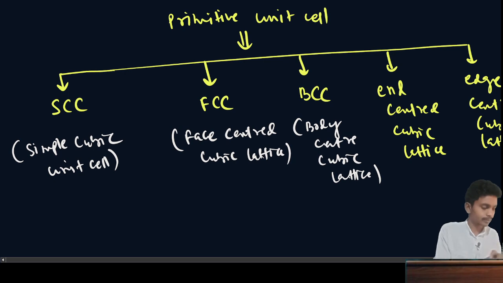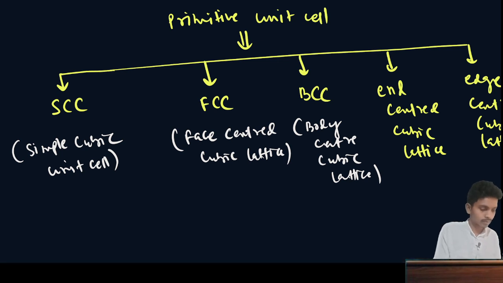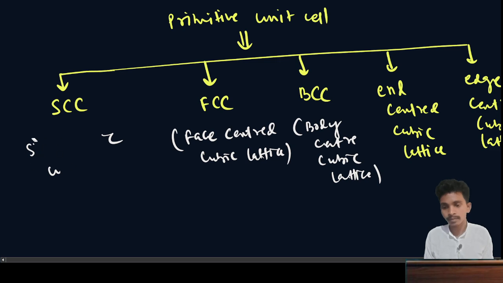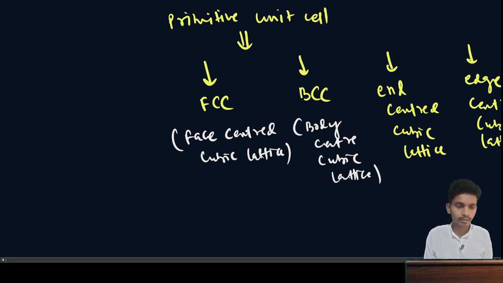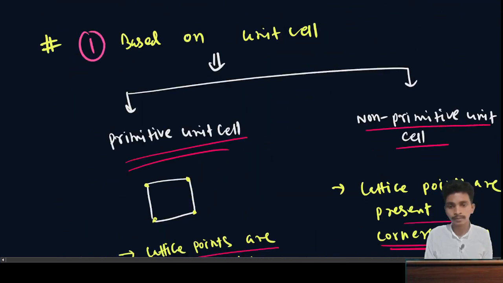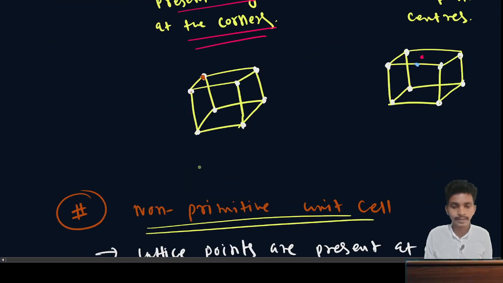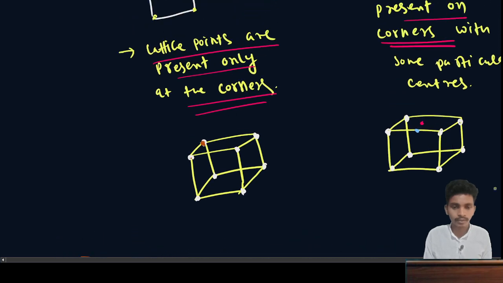Okay, just a minute. Sorry, this SCC will come under primitive unit cells, because the lattice points are only at the corners.